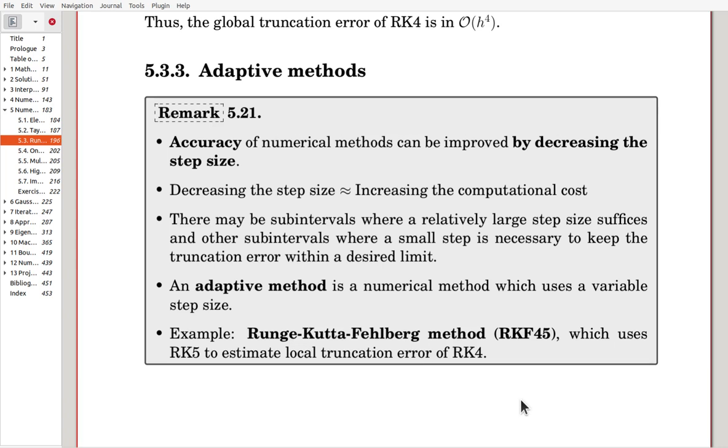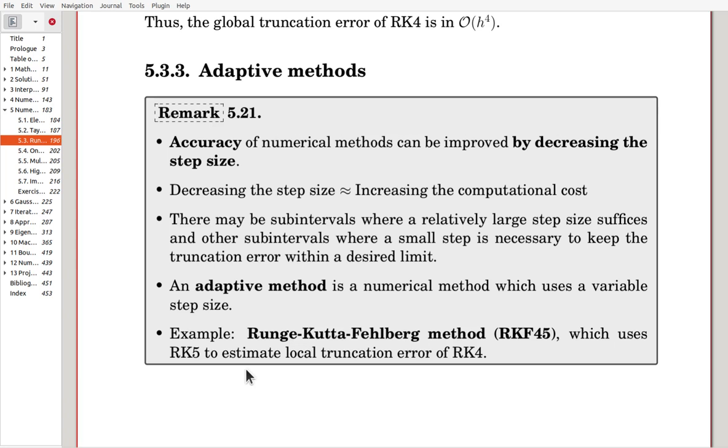So an adaptive method is a numerical method which uses a variable step size. For example, the Runge-Kutta-Fehlberg method, RKF45. In this method, RK5 is used to estimate the local truncation error of RK4.